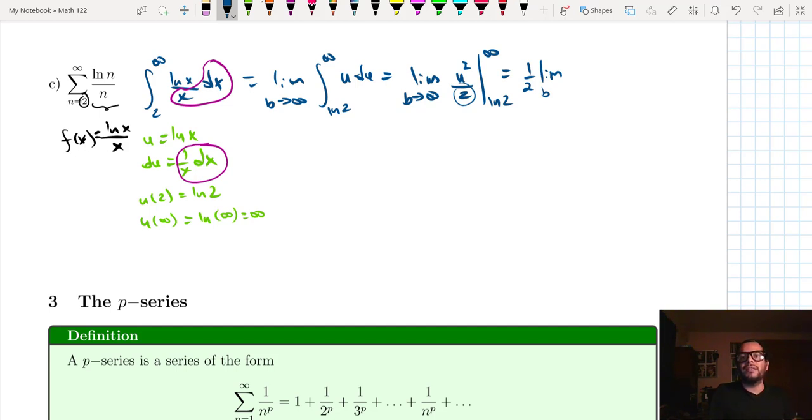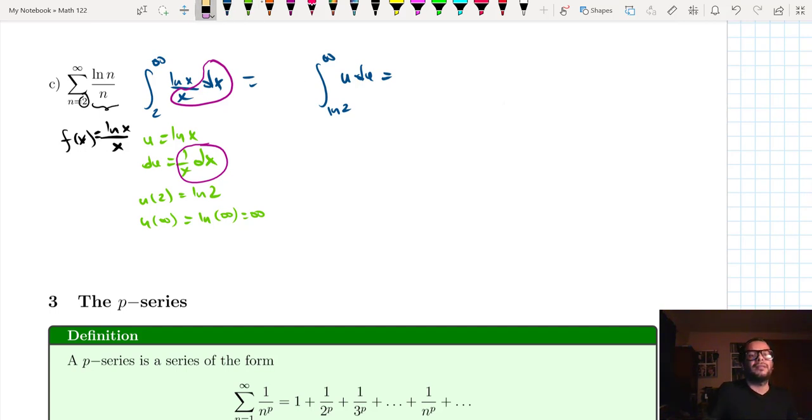Let's just skip the limit symbol, because I actually evaluated the limit, so this will be u squared divided by 2, evaluated from ln of 2 to infinity.